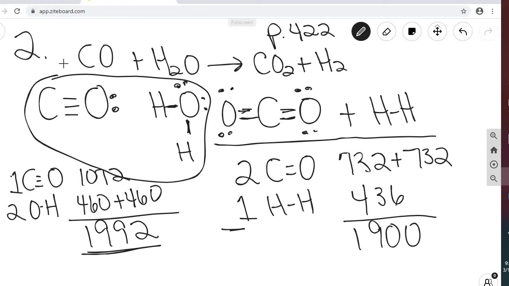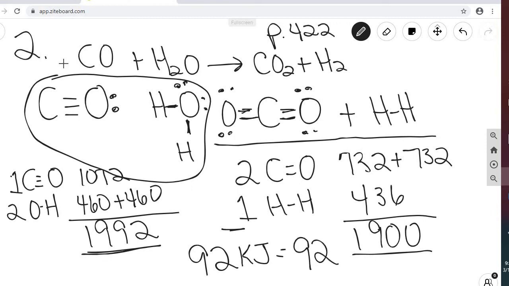So we're going to take the energy of breaking the bonds minus the energy of forming those bonds, and so the answer is delta H is 92 kilojoules. All of this was adding and subtracting, so we have to look at significant figures.